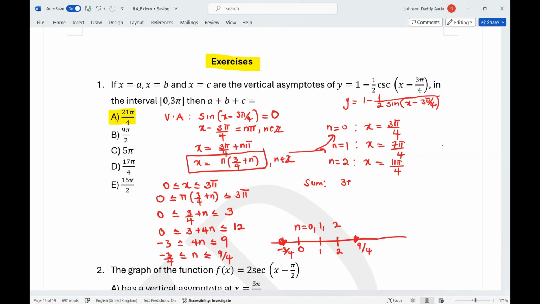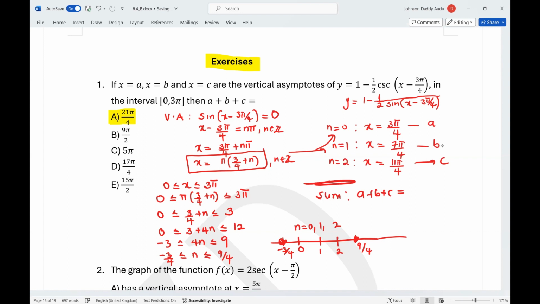So let's do it this way. Now this is our A, this is our B, and this is our C. Because from the question, we're told x equals A, x equals B, and x equals C, these are the vertical asymptotes. So the sum is just going to be A plus B plus C, which will be what?